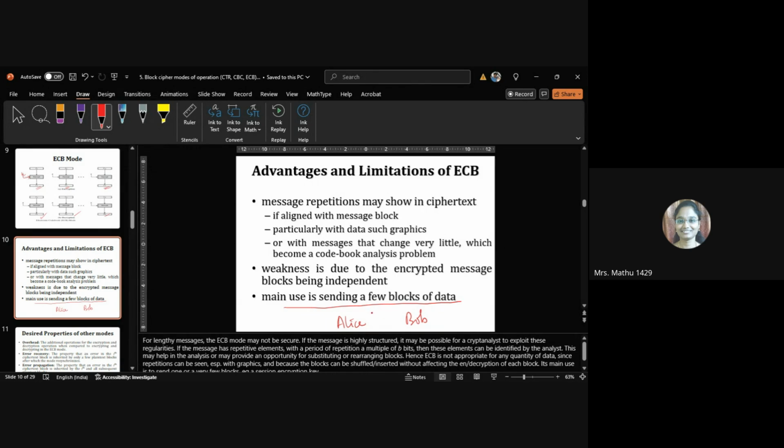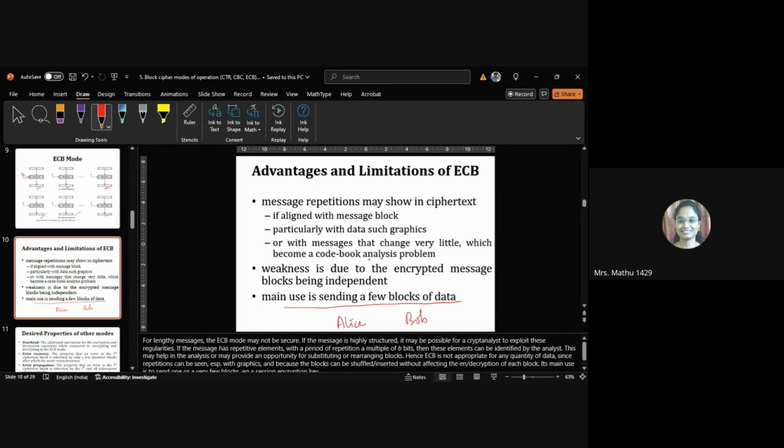That encryption key may be sent to the other person using this ECB method, because the total size of the key would be something like 256 bits. So you can use this method to send the encryption key.